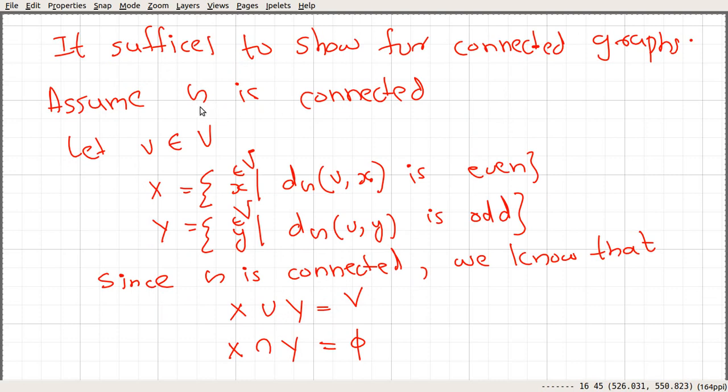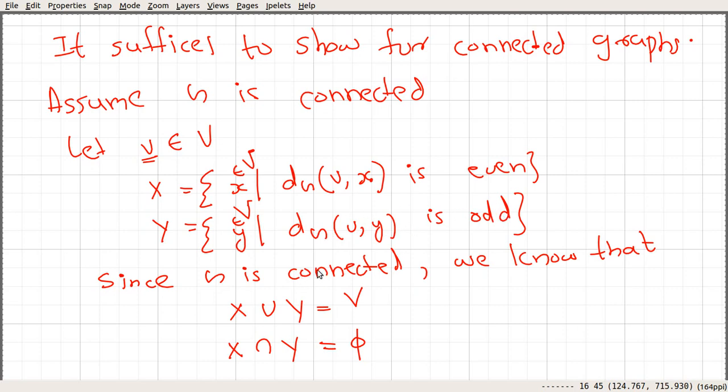So assume G is connected, and we define two sets X and Y by considering an arbitrary vertex v of V. X contains all the vertices x of V where the distance between v and x is even, and Y contains all vertices y of V where the distance between v and y is odd.